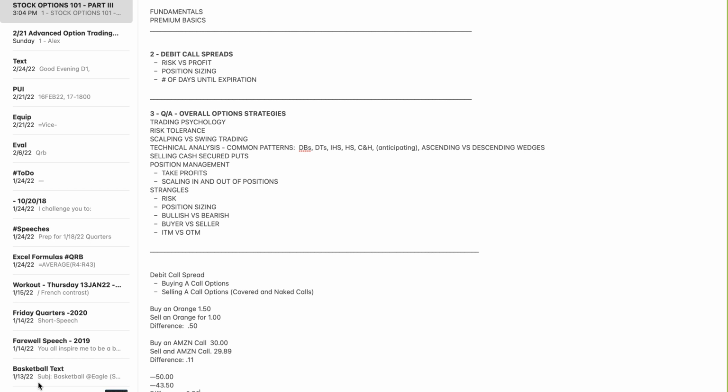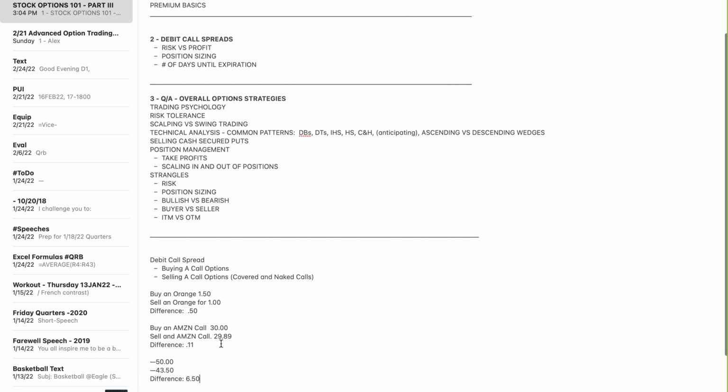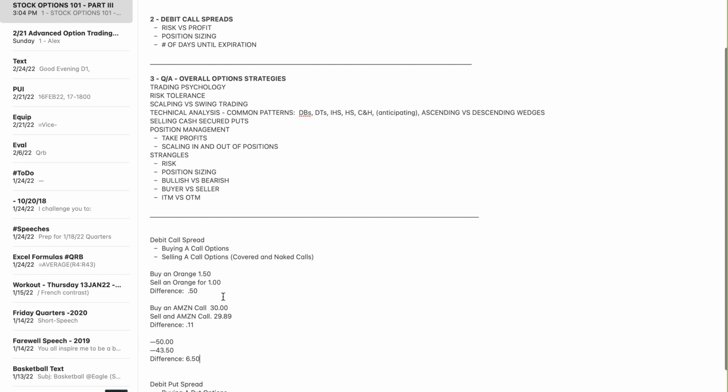So let's say you bought only one spread when these calls are going for this price, right? And next thing you know, the calls increase to these prices, right? The spread that you own will now be worth this much. So you would have purchased one spread for $11, and now that spread is worth $650.